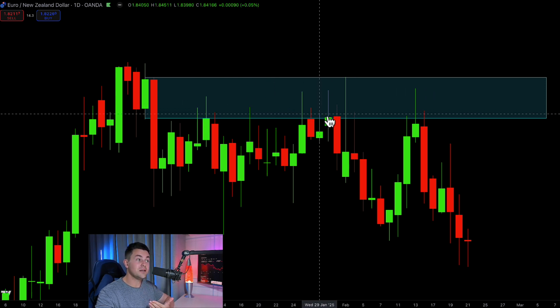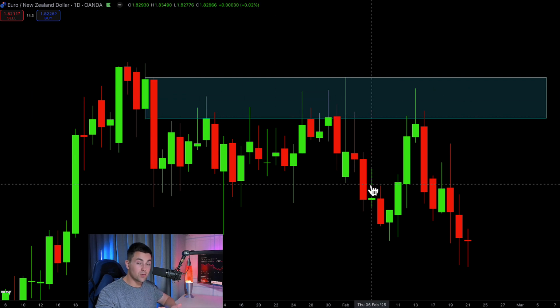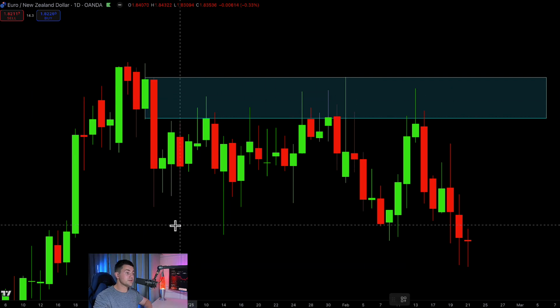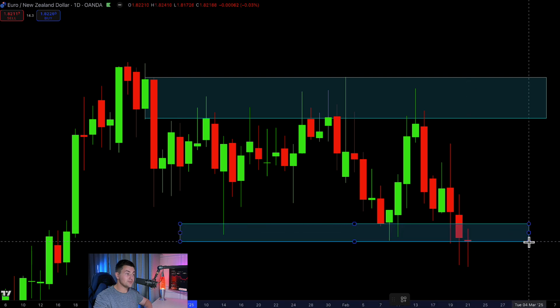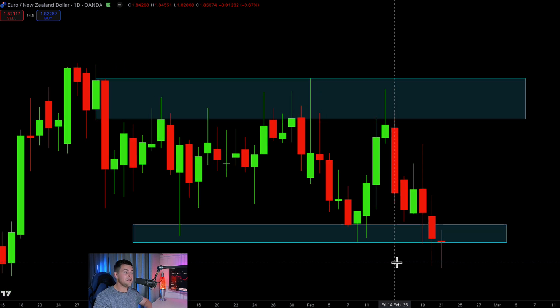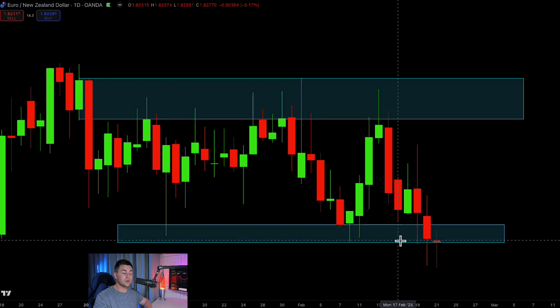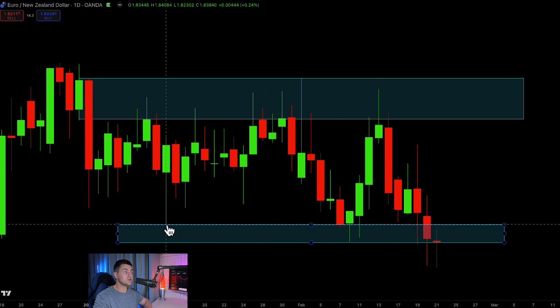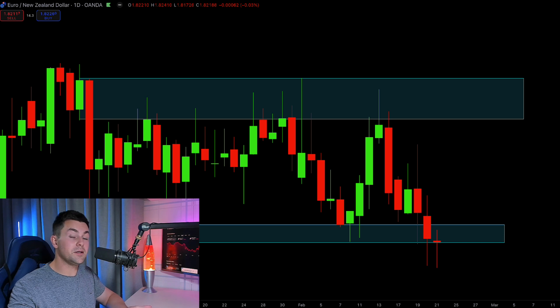You can see that many times in a row, strong bearish movements initiated from that zone. At the same time, we can see a significant demand zone right here. That demand zone was respected multiple times in the recent past, and we saw a strong buying activity within that zone. Once we identified the liquidity zones, we can look for liquidity grab.